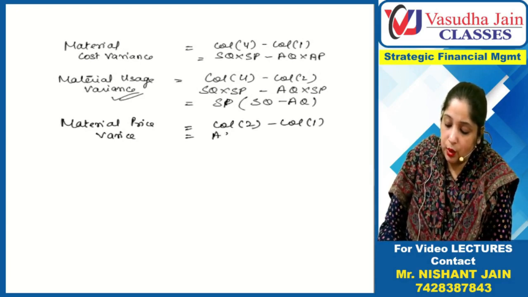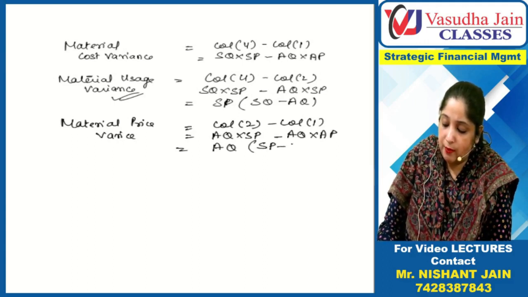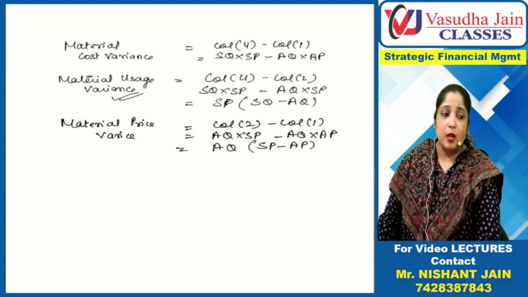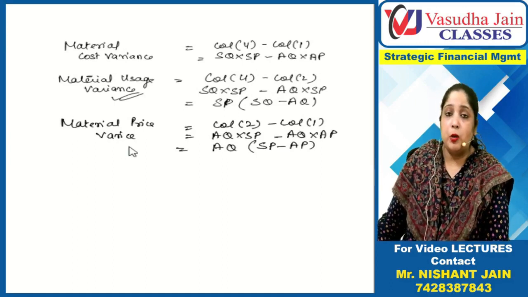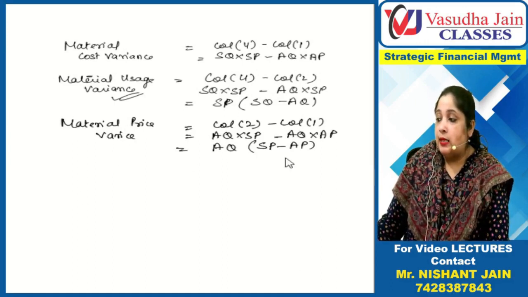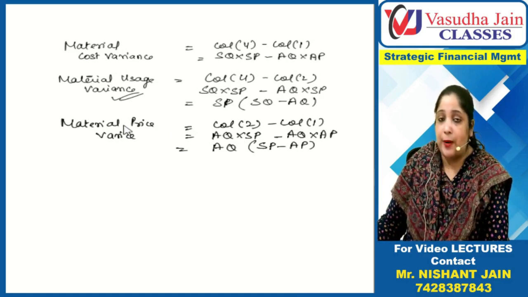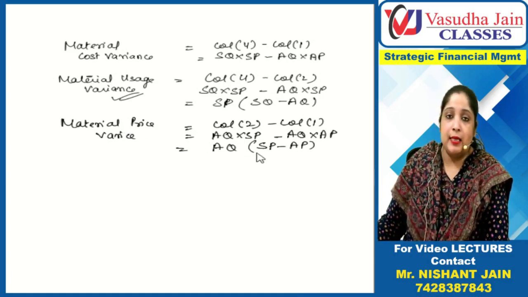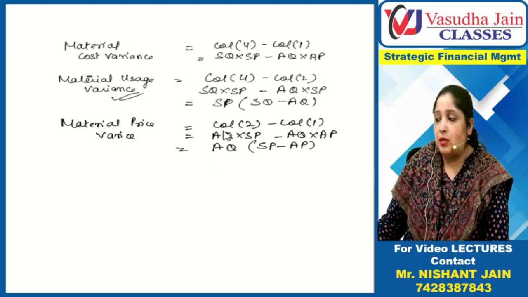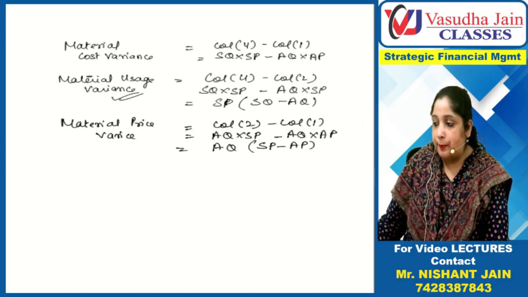Column number 2 is AQ into SP and this is AQ into AP, right? So AQ remains common. Then what is left? SP minus AP. Now, this is how you can also justify material price variance. The difference between the standard price and actual price is called price variance. Quantity remains the actual quantity. So this is how you can justify the formula.